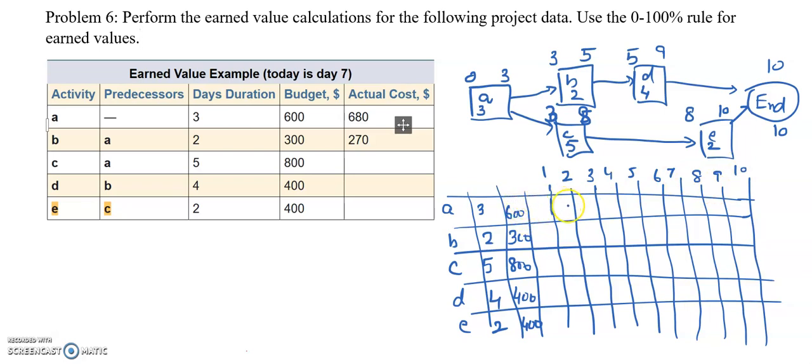Okay, so activity A is from 0 to 3 days, the first 3 days. So 600 we can distribute as 200 for each of these 3 days.